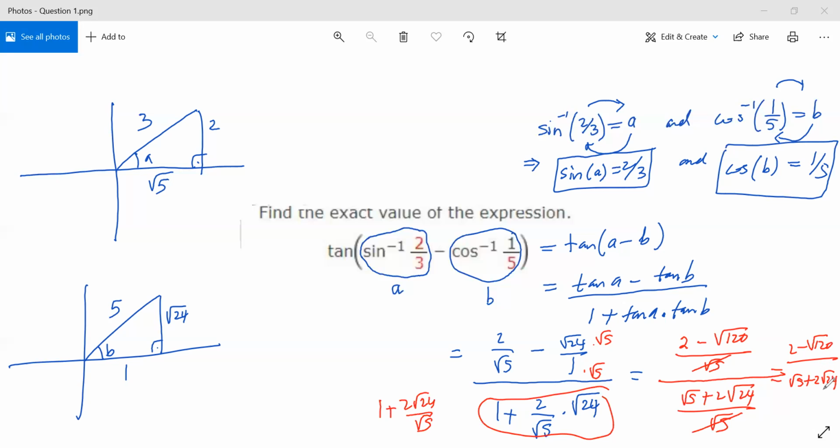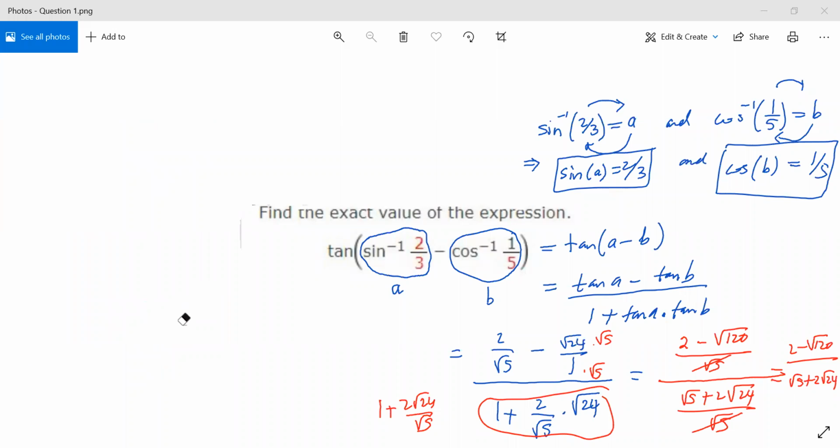Okay, so that's basically one type of answer, but we may have to simplify this. Let me try to do it maybe one step right here. Okay. So 120 is like 2 times 60, and this is like 2 times 30, and that will be 4 times 30, so that's 2√30, right?